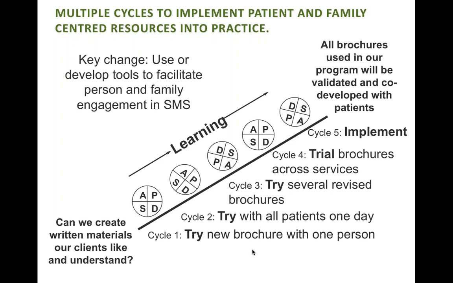Yeah, no problem. In this case, they actually conducted 5 cycles, and it's all related to the same change, the same thing, but they're revising, learning a bit, and doing a new cycle. In cycle 5, implementation was done, but on a test basis across all of the services at one time. So you have a fairly high degree of belief that this is going to work because you've gone through revisions, feedback, learning, and a bunch of tests already.